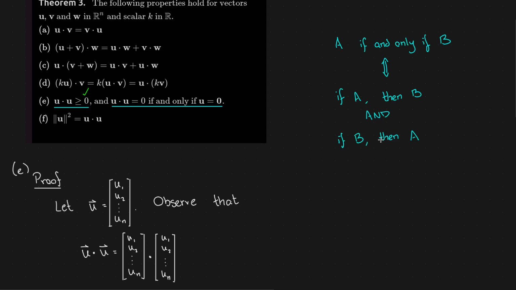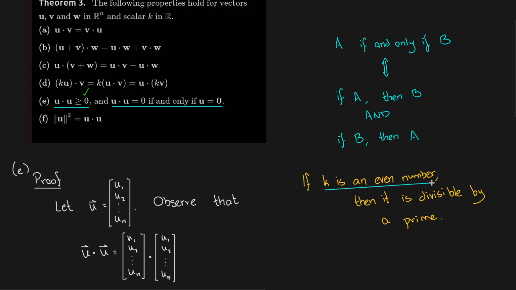So consider an example. If K is an even number, then it is divisible by a prime. In this case, this might be my A: if K is an even number.